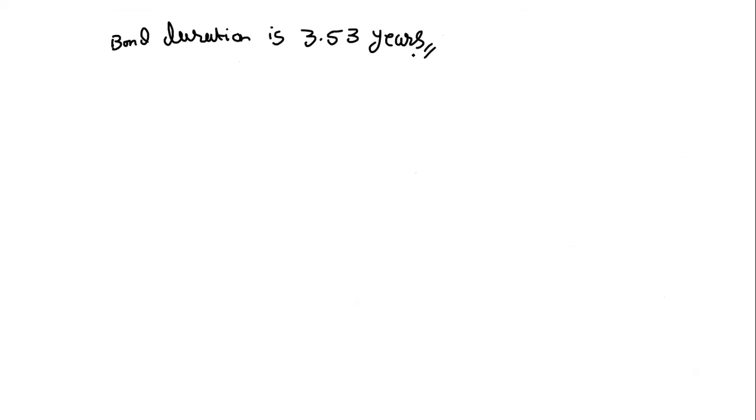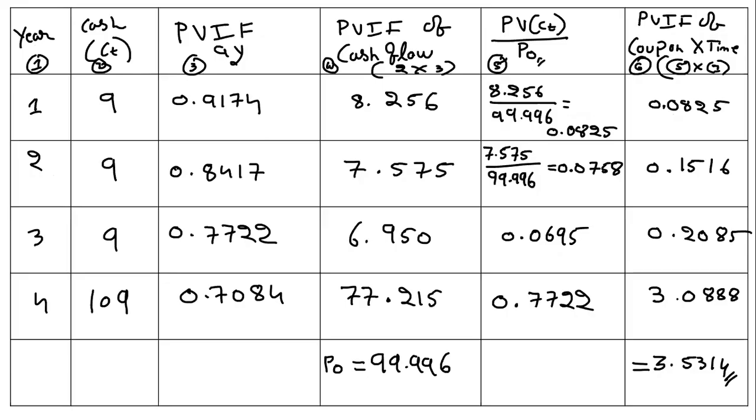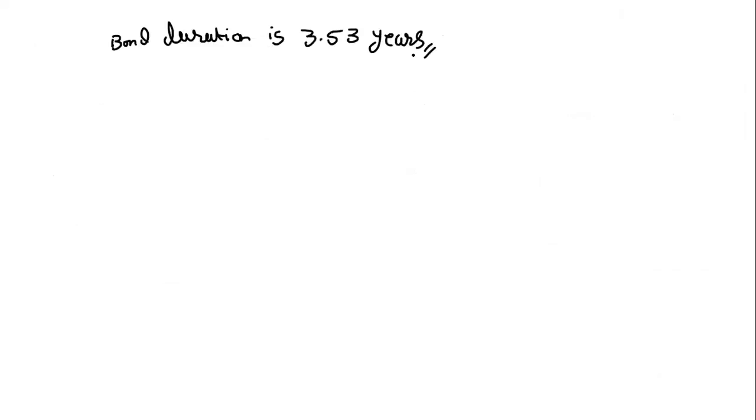So we have calculated the bond duration. Now we will go to the second question, that is, what will be the percentage change in the price of the bond if the interest rate rises from 9 to 10%. So what will be the change?